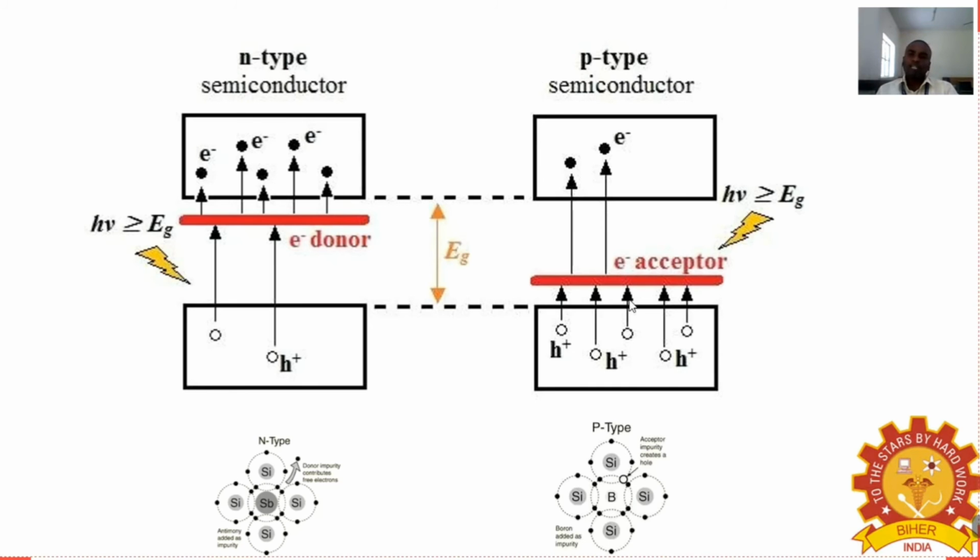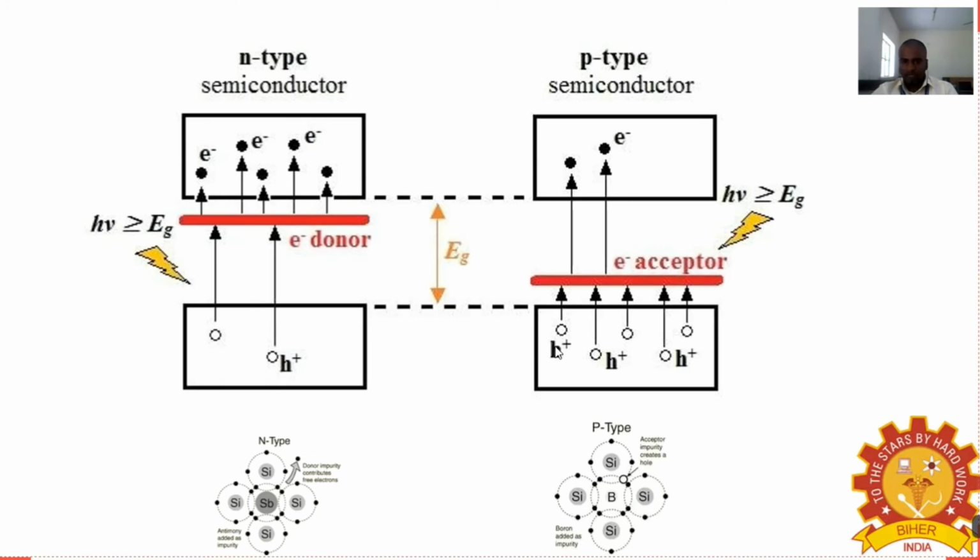Let's go to P-type semiconductors. Here, when we add boron as an impurity in silicon, the conduction band of boron is placed between the valence band and conduction band of silicon. See here, this is the valence band of boron, and this is the conduction band of boron.